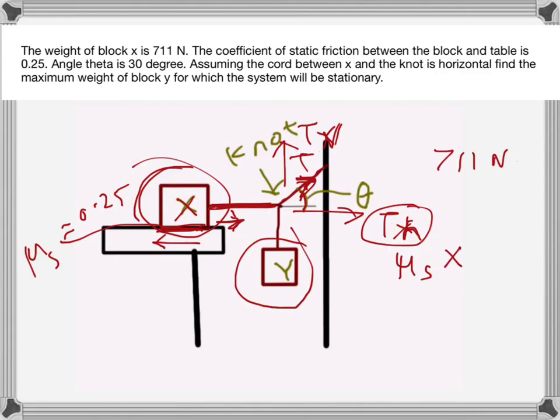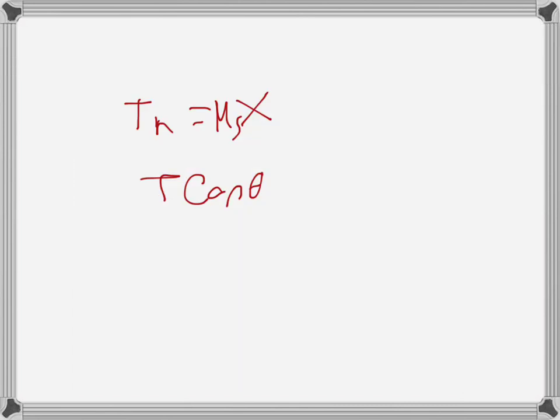So TH will be equal to mu s times X. So that is TH, and that way we can know what the value of TH is. TH is T cos theta, because that's the component, the angle between T and the horizontal axis here.